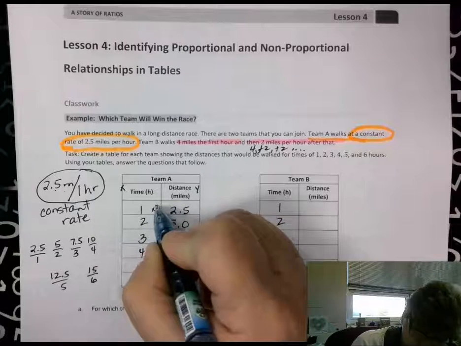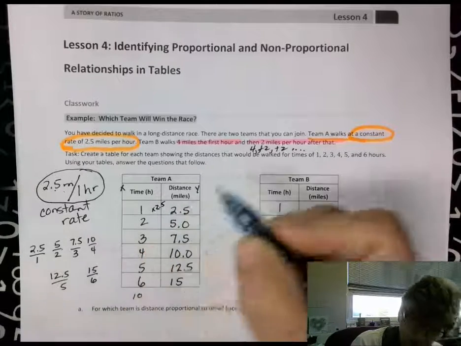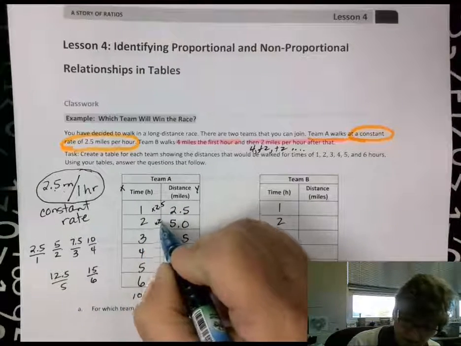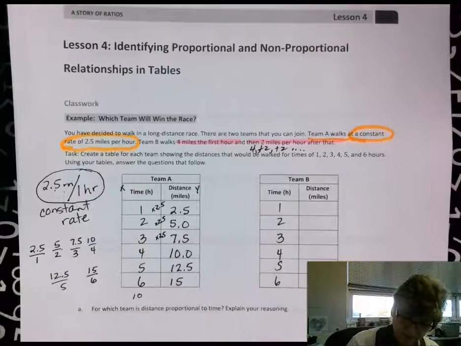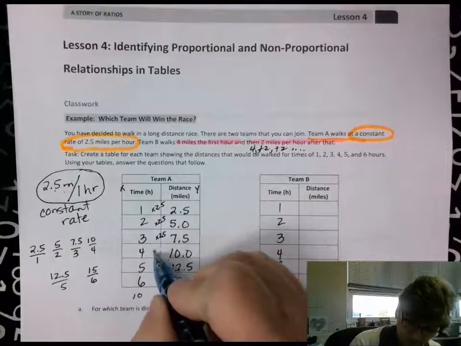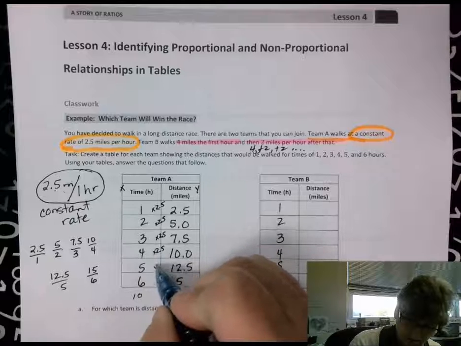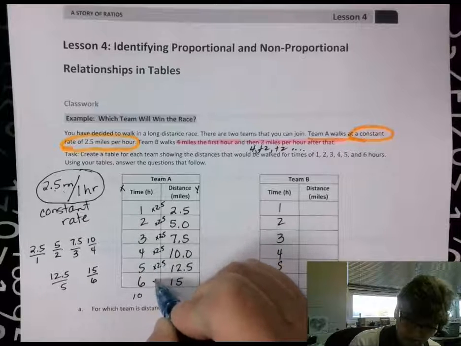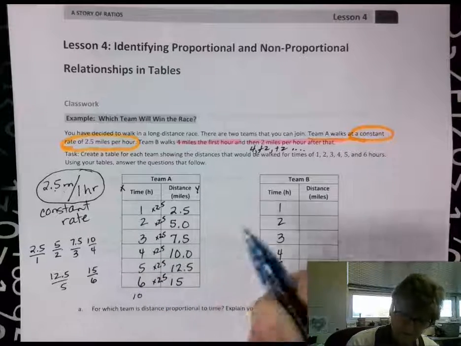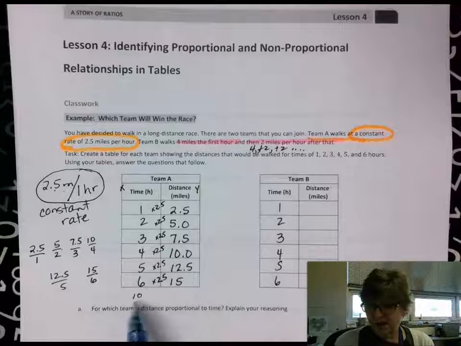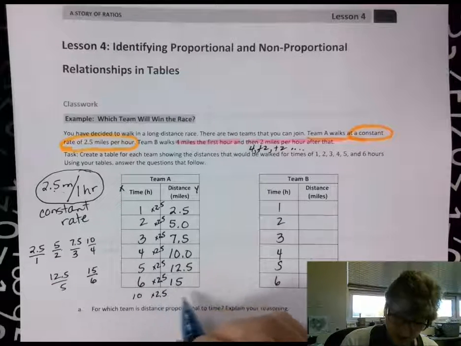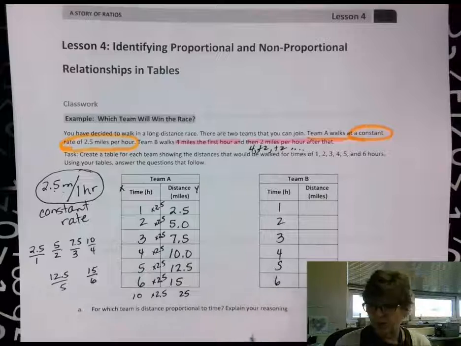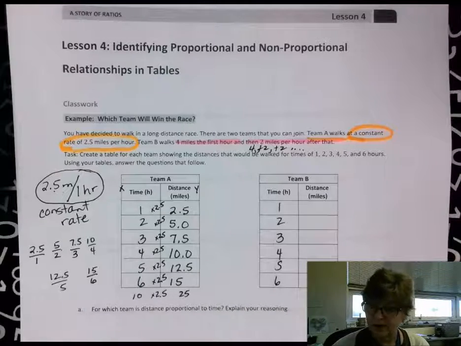So if you notice here, what has actually occurred is I have multiplied my number of hours times my constant rate. So that would give me a chance to know that if I did 10 and I multiply it times my constant rate, I would know that I did 25 total miles.